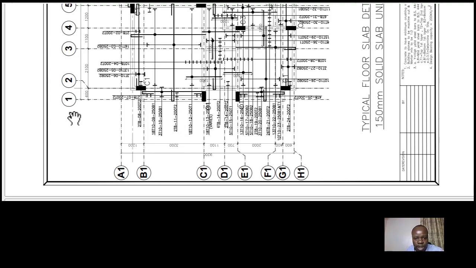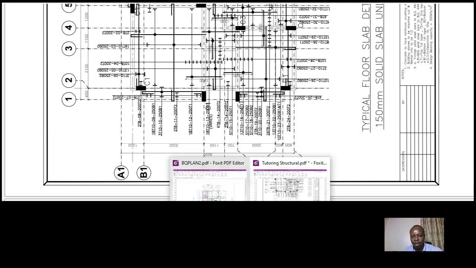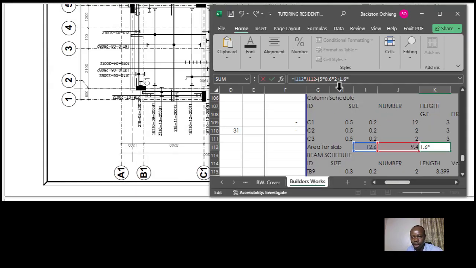Then we multiply by 0.6, because it's minus 0.1, which is the side of the beam, and then we also add another 0.1. So this is another 0.6. I just want to confirm if it's similar to what we have to the top.